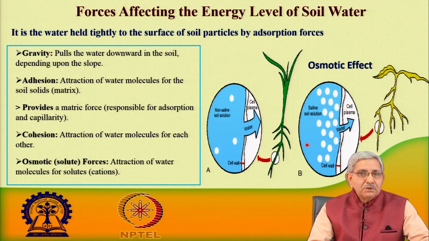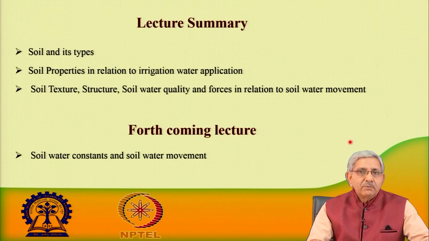The movement of water from higher concentration to lower concentration is known as osmosis, so an osmotic effect takes place. So, adhesive forces, cohesive forces, as well as osmotic forces are important when water moves from the soil to the plant system.